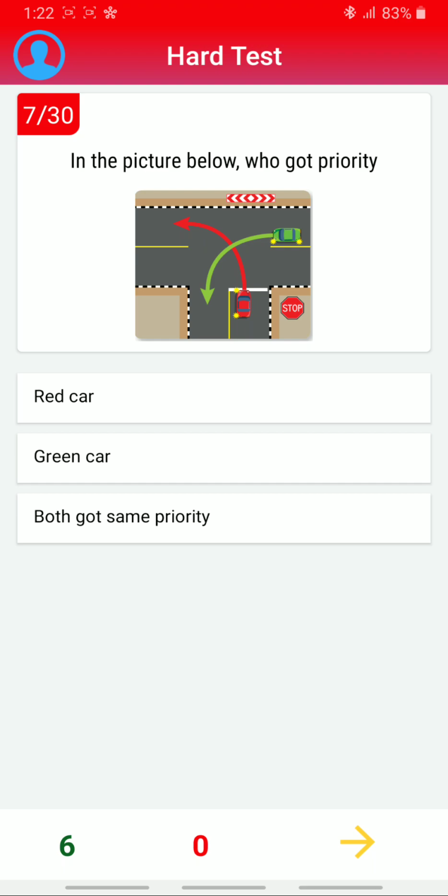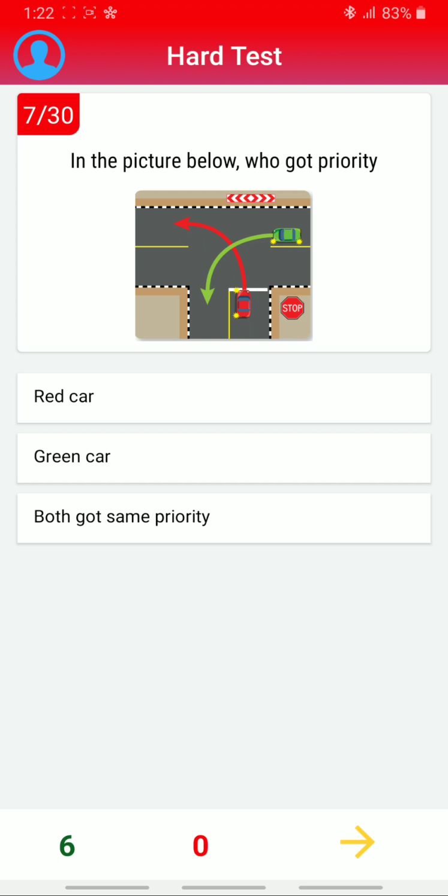And this picture below, who got priority? Always check in this kind of scenario which car has no line in front. In the red car, you can see there is a white line before entering the junction, so he needs to stop.